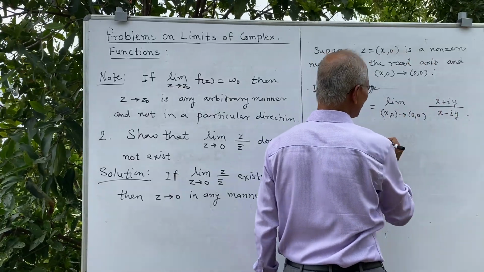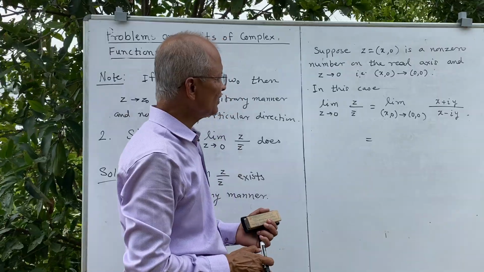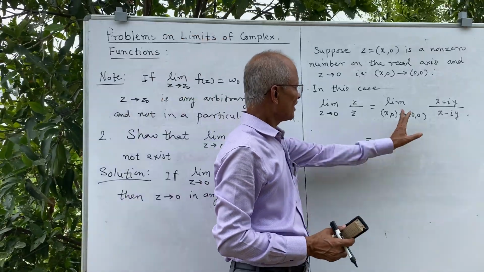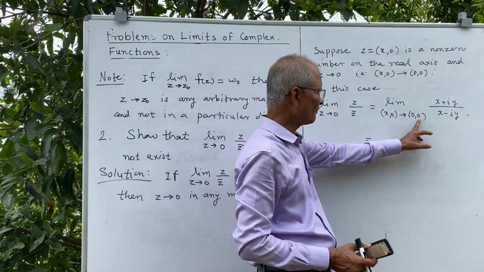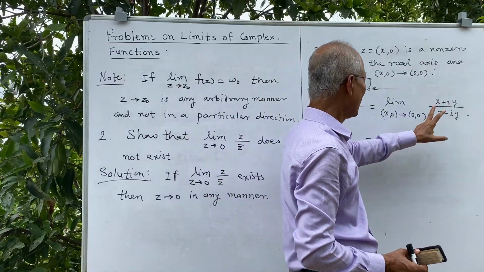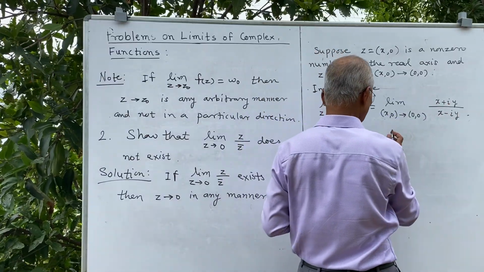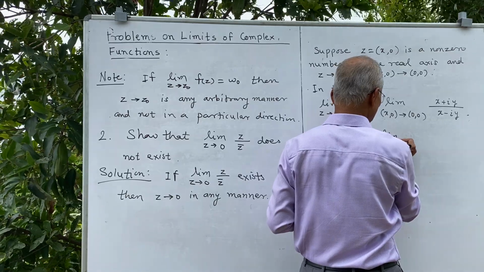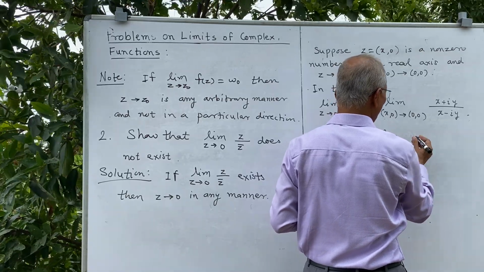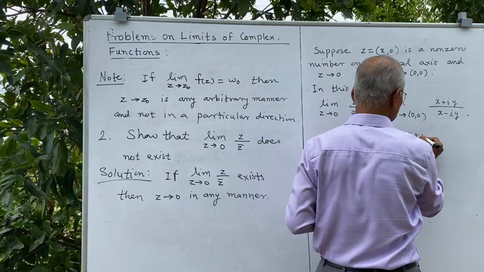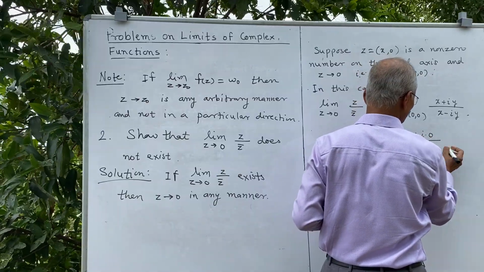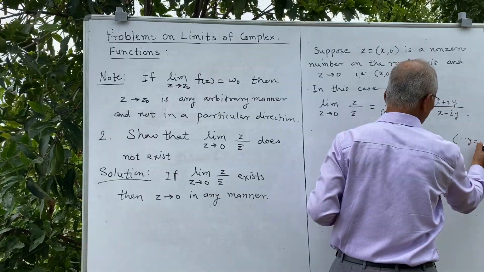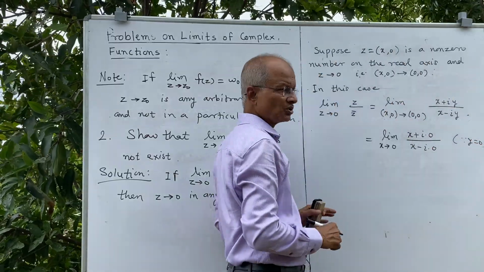Now you see here y is fixed to be 0, and therefore we shall put the value of y directly as 0. This limit will simply become limit x tends to 0 of x plus i into 0 divided by x minus i into 0, since y is fixed to be 0 on the real axis.